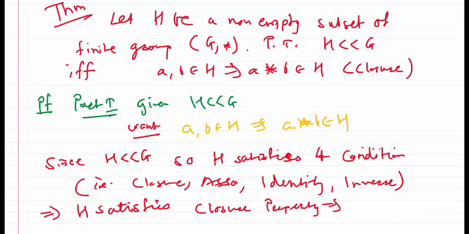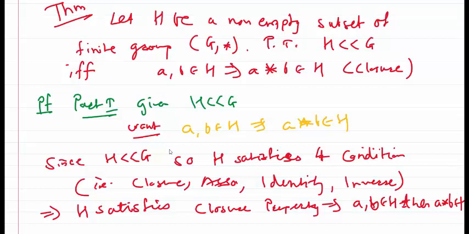This implies if A and B belong to H, then A star B belongs to H, clearly, because H satisfies four properties. So out of four, the first property must be satisfied. In this way we can prove, but the proof is not completed.